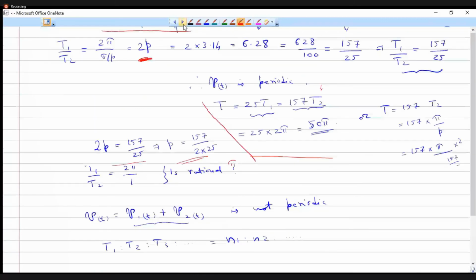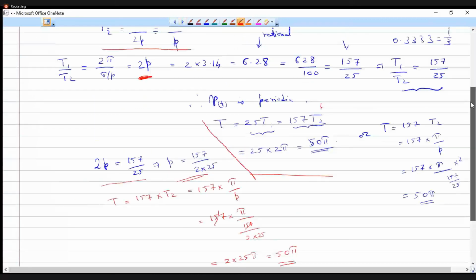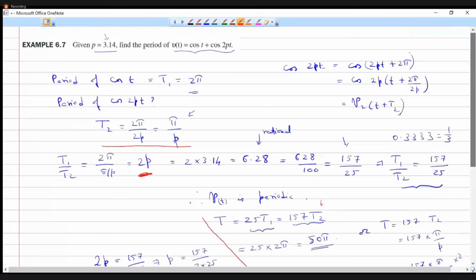For example, in this example a decimal value is given instead of the angle. This decimal number can be expressed as a ratio of two integers. For example, 6.28 could be written as 628 divided by 100. Then you can cancel out the common factors and express it in the lowest integers.